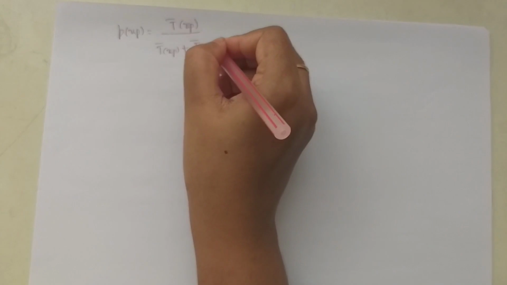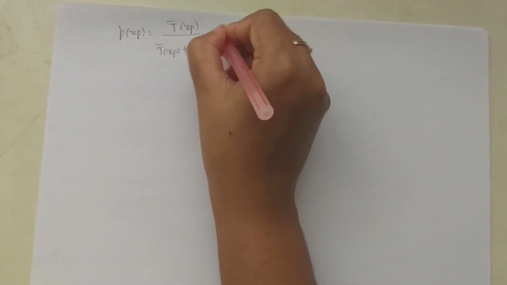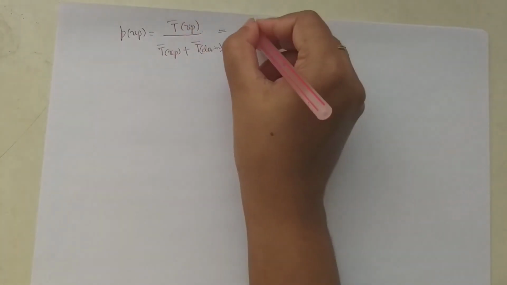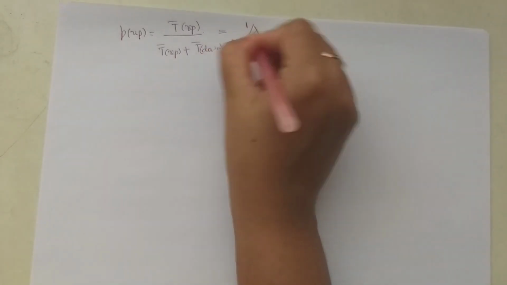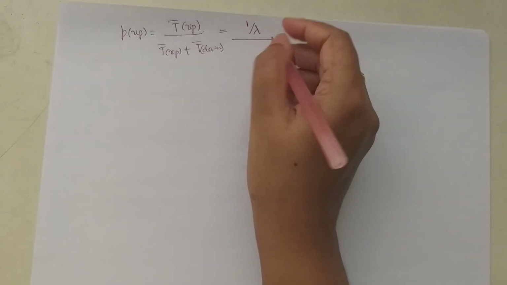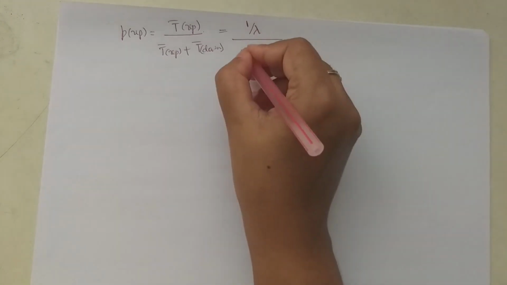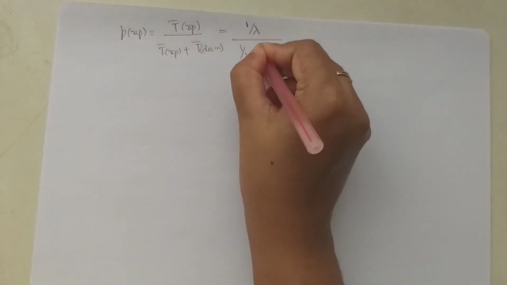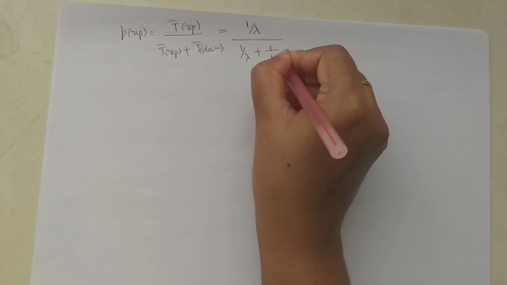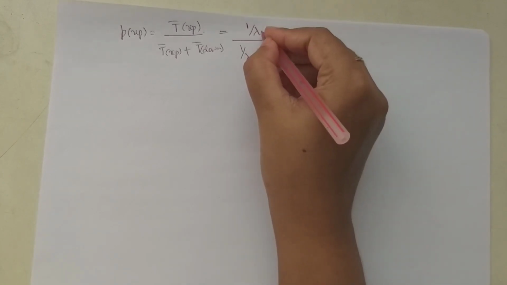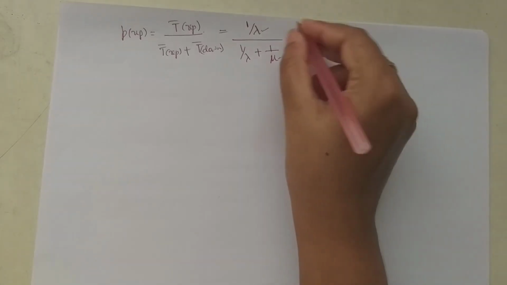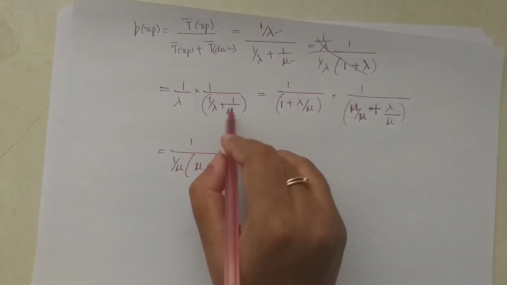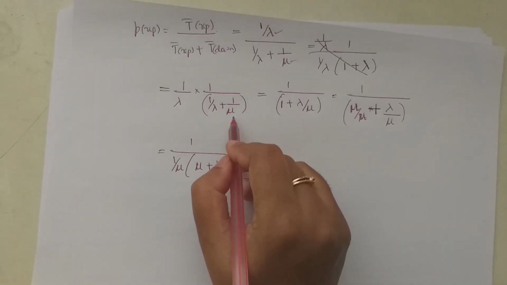Sum of mean uptime and downtime. But we know that T up is equal to 1 divided by lambda, and T down is equal to 1 divided by mu. So 1 divided by lambda plus 1 divided by mu. This is failure rate and this is repair rate. So multiplied with 1 divided by lambda plus 1 divided by mu.